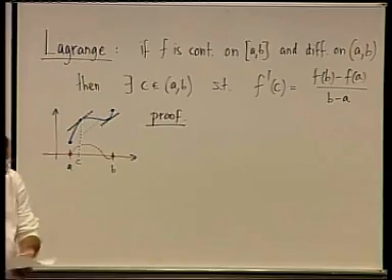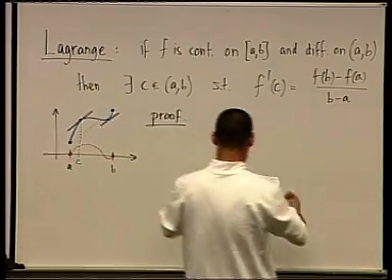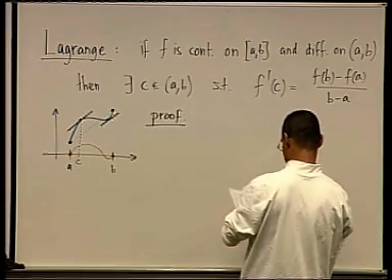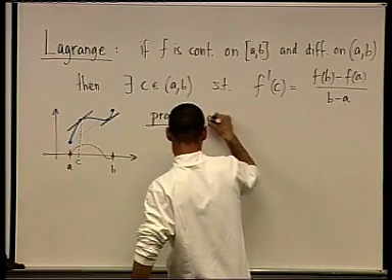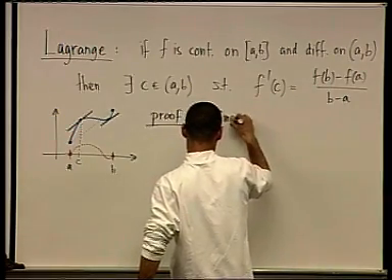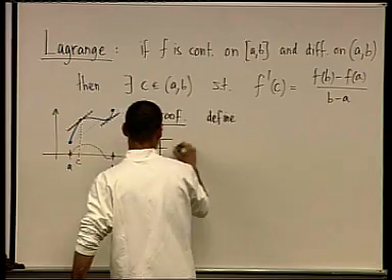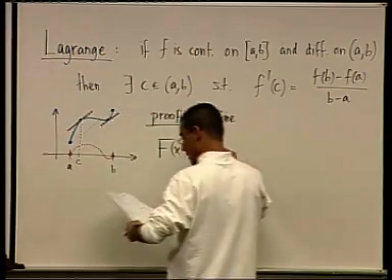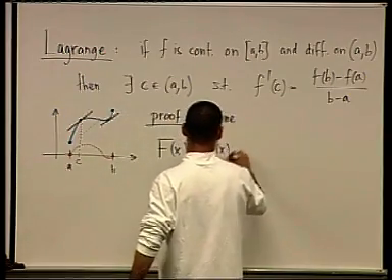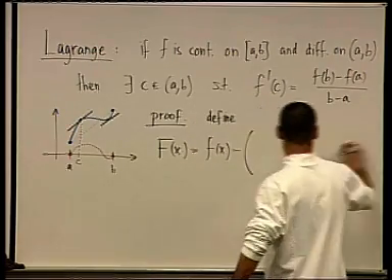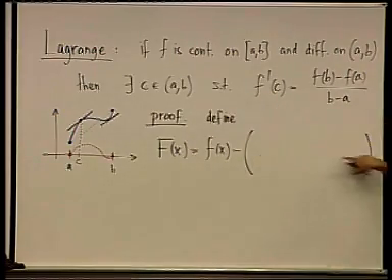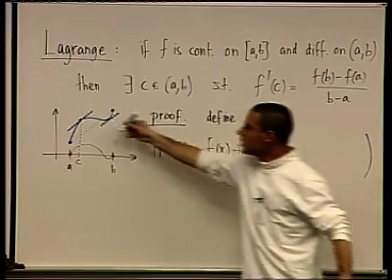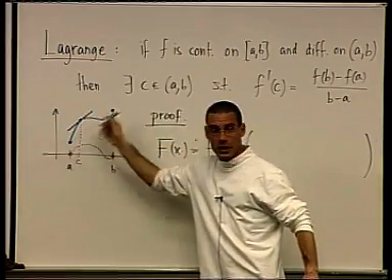So, proof of Lagrange. Define, I'm going to define a new function. I'm going to call it big F of x. It's going to be little f of x minus this secant, the line connecting f of b and f of a.